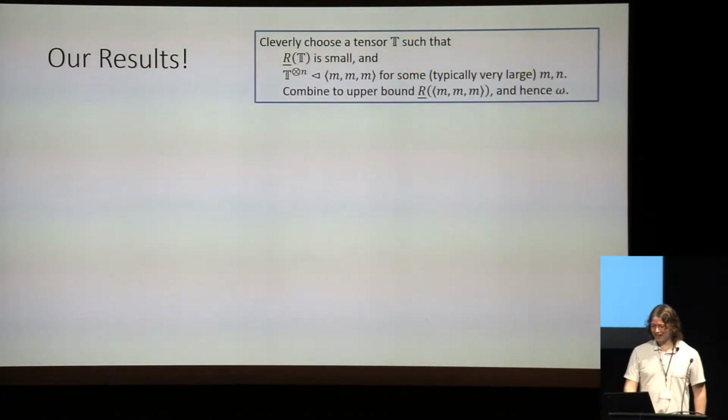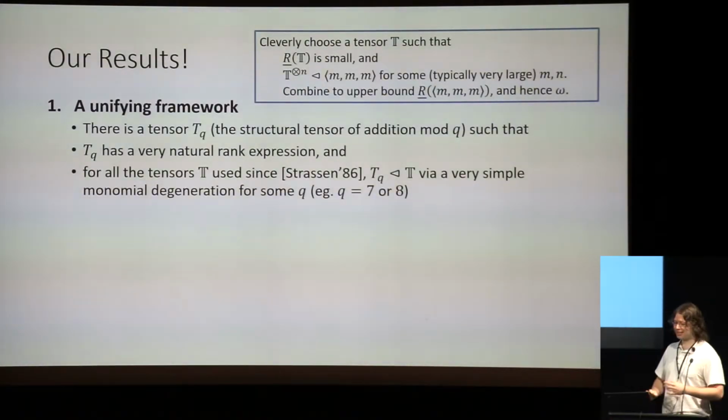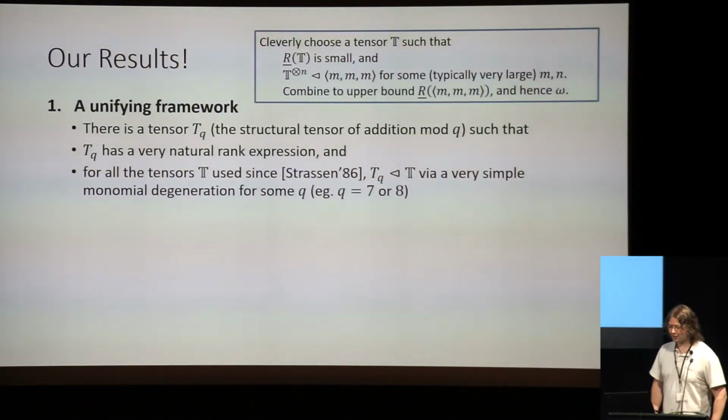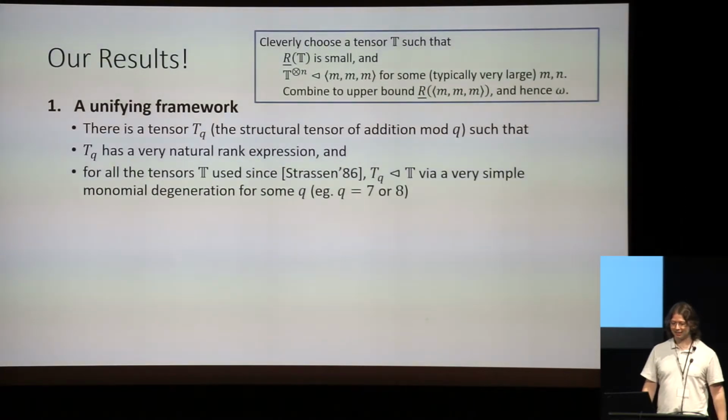Okay, so our first result is a unifying framework. What we show is that there's a particular tensor, or family of tensors, like T1, T2, T3, and so on, which I'll define on the next slide, but they're the structural tensors of addition mod Q, such that, first of all, TQ has a really natural rank expression. It's really clear to see why it has the rank that it has. And second of all, for all the tensors T used since Strassen's 86 algorithm in this blue box way to give bounds on omega, our TQ tensor can degenerate to T via a really simple monomial degeneration.